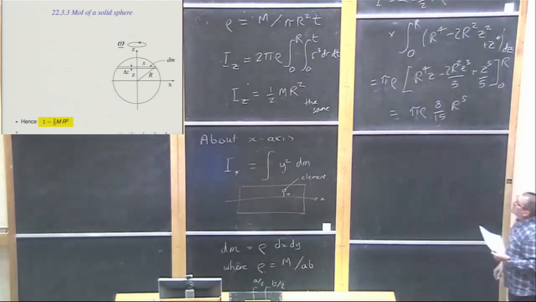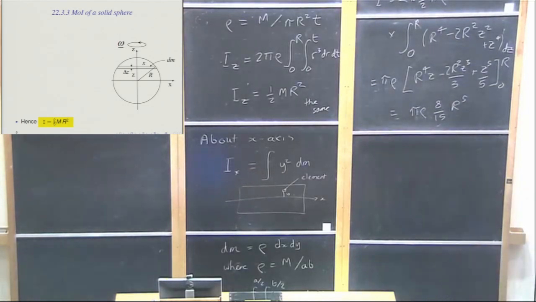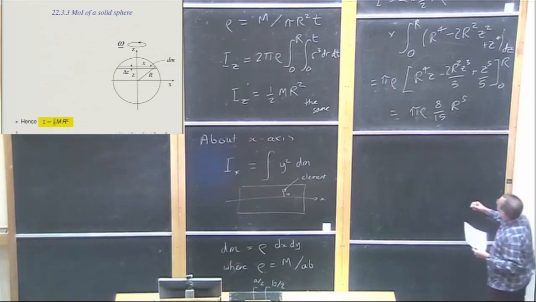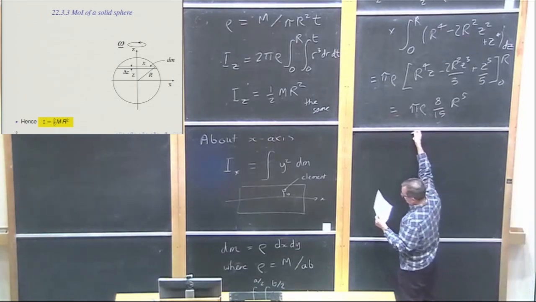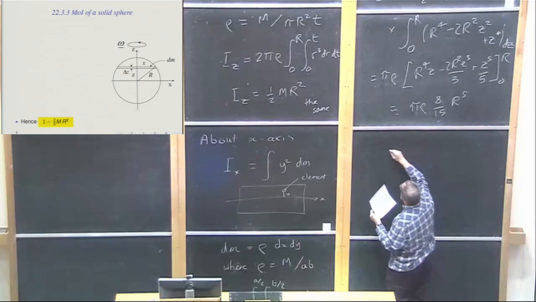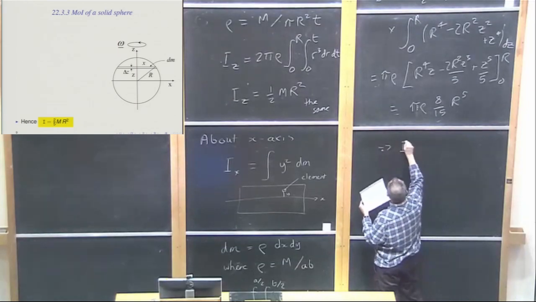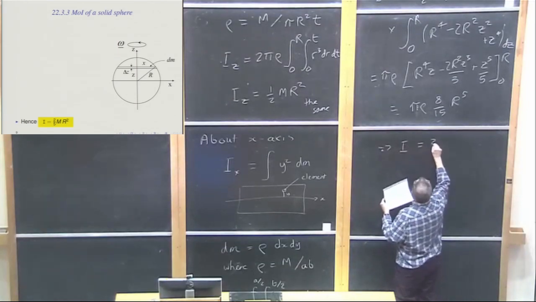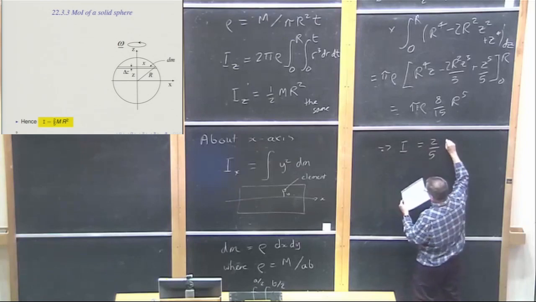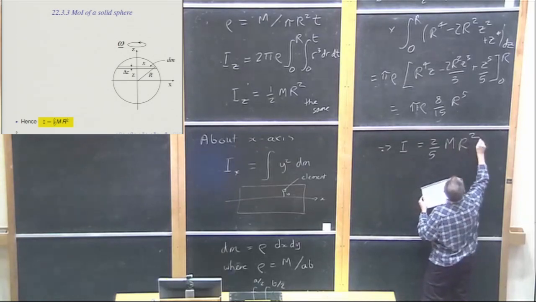And then, as before, we get rid of rho and bring back in the big mass M, the mass of the sphere, and we find that I is 2/5 M R squared.